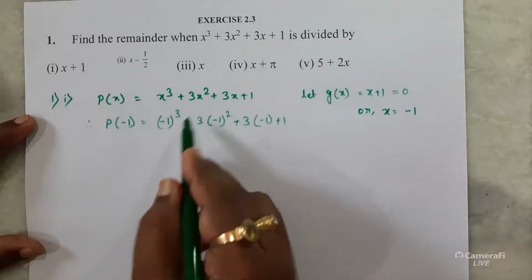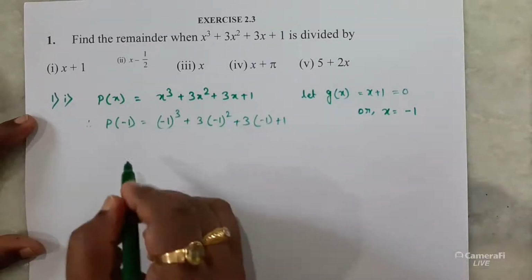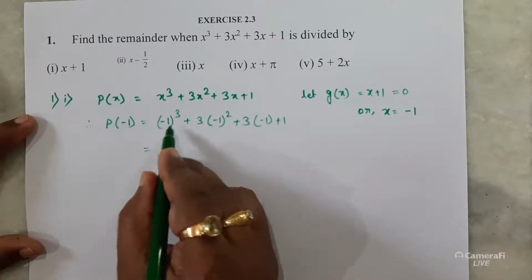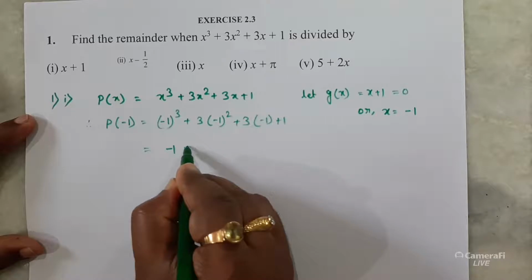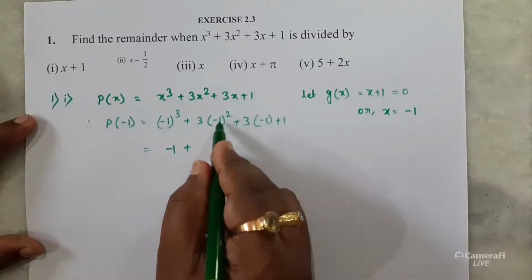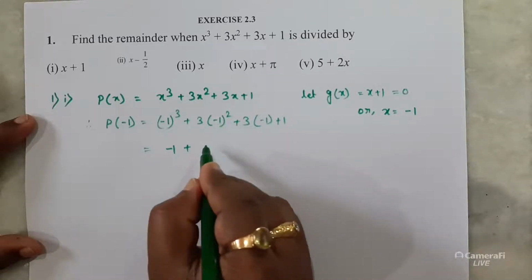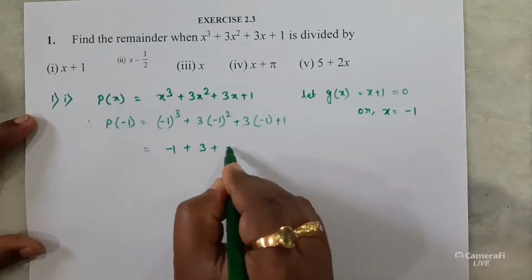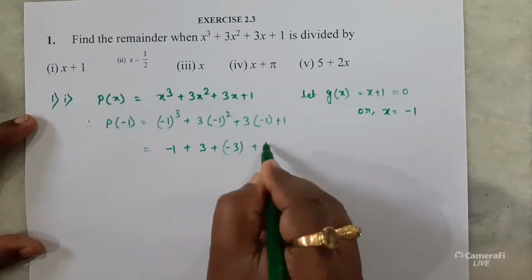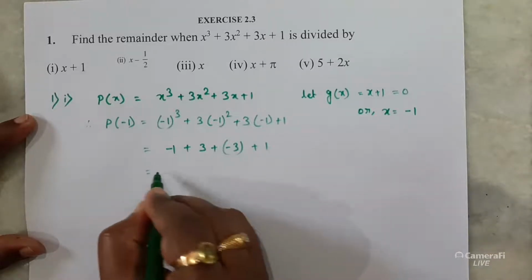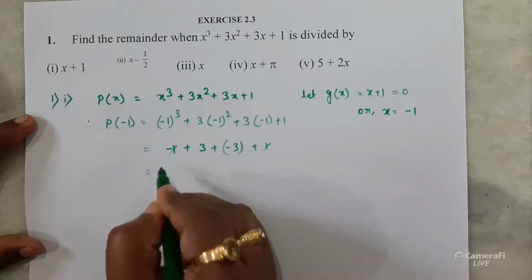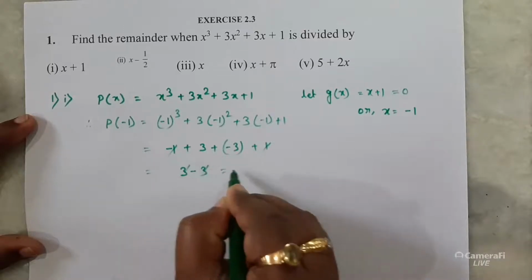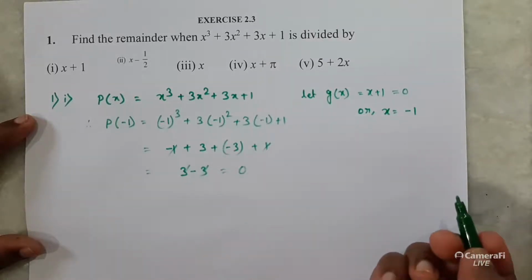In place of x we are writing just minus 1. So minus 1 cube is minus 1, minus 1 square is 1, so 3 into 1 is 3, then 3 into minus 1 is minus 3, plus 1. So it will be plus 1 minus 1, then 3 minus 3 cancel out, and the result is 0.